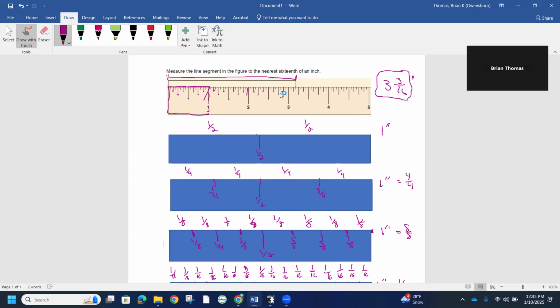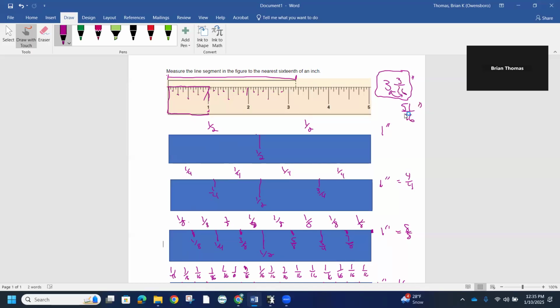Now, we also could say there's 16/16 per inch, so 16, 32, 48. So in other words, if you multiply 16 times 3, that tells you how many 16ths are in 3 inches. And then you have 3 more, so 48 plus 3 would be 51. So I could also write this as 51/16 of an inch.